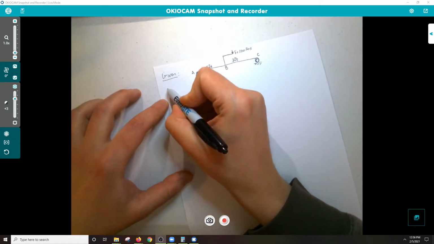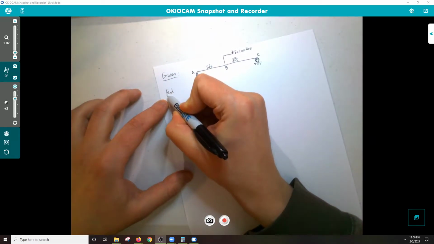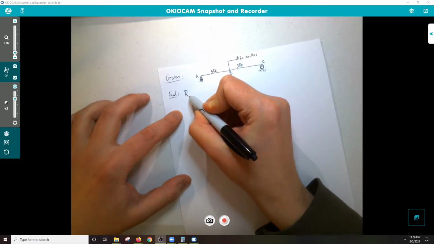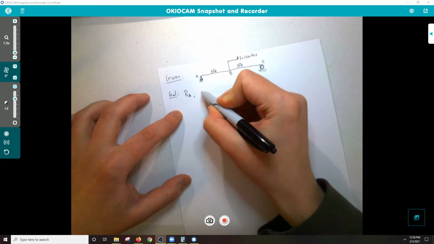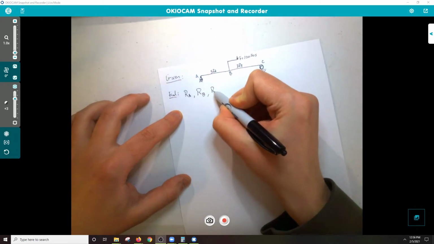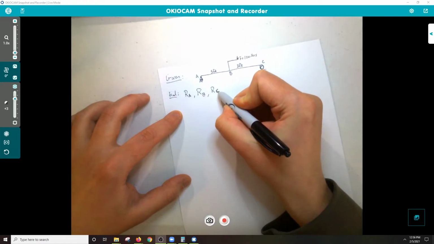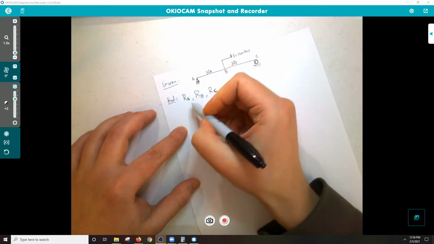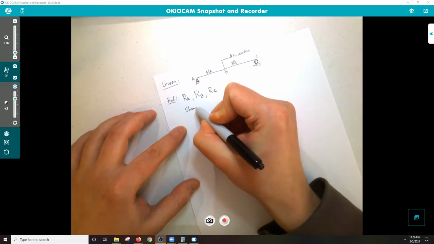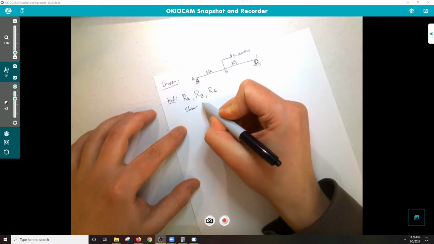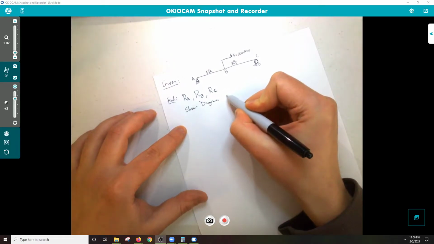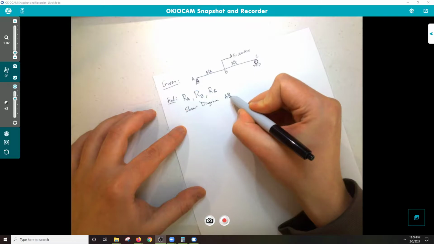And what we want to find are our reactions at A, reaction at B, and reactions at C. We also are going to want the shear diagram for beam ABC.